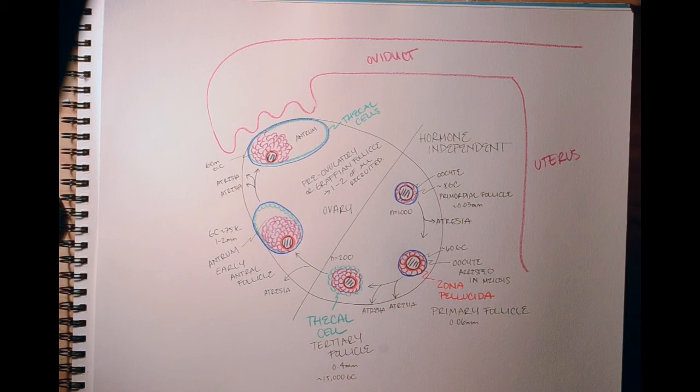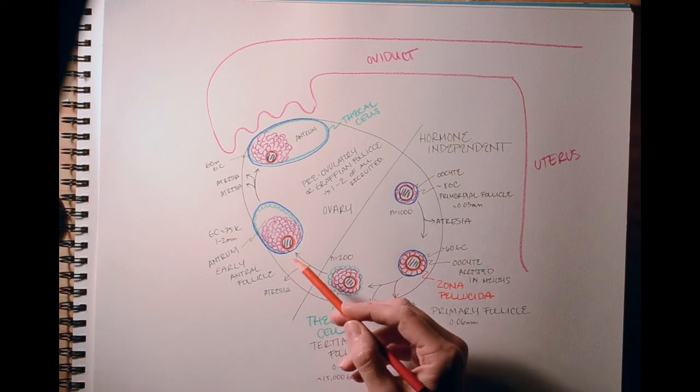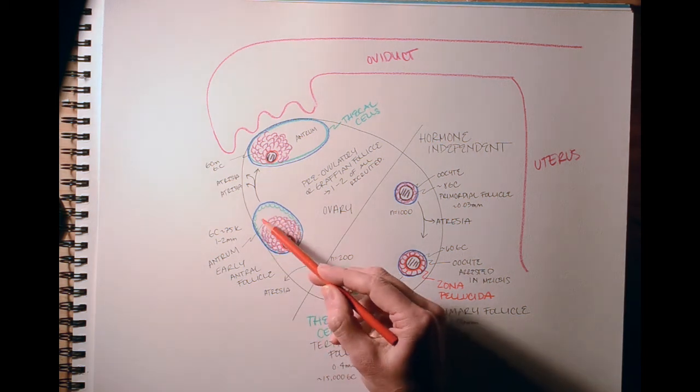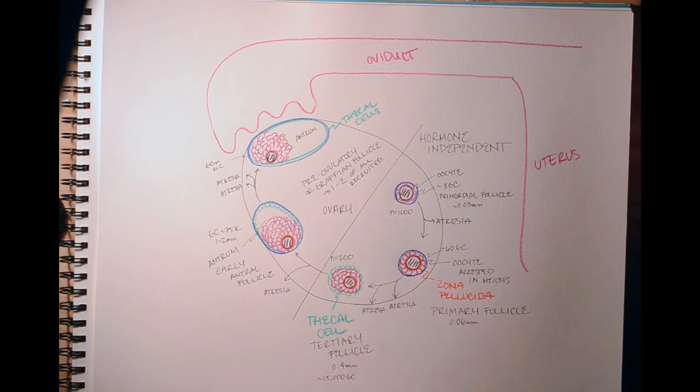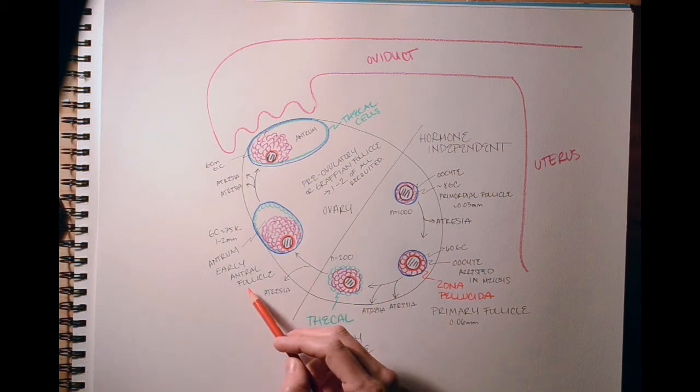So essentially what we had happen is the formation of, again, this large antral compartment. Because of the formation of this large antral compartment, which happens to be a very fluid-filled and hormone-filled compartment, we call this the early antral follicle.